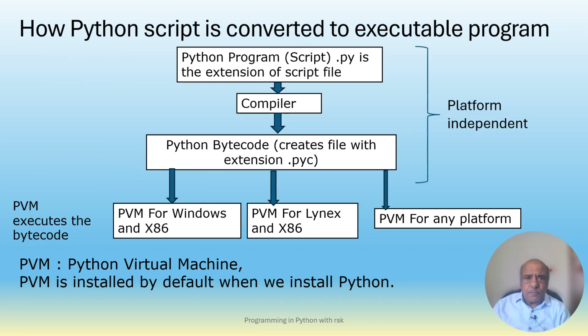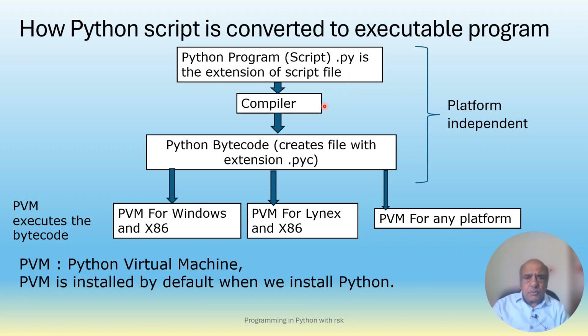We will see how a Python script is converted to an executable program. A Python program or script, that is the file with written Python source code, is always saved with an extension .py.